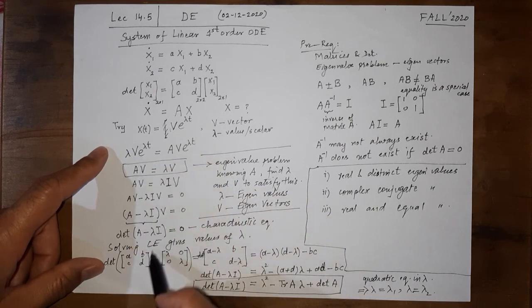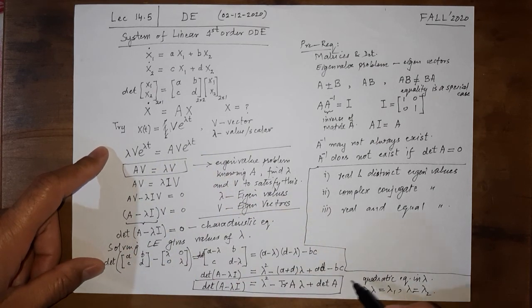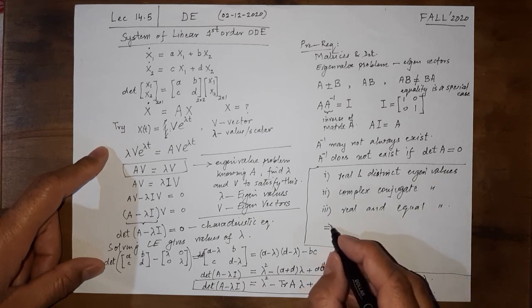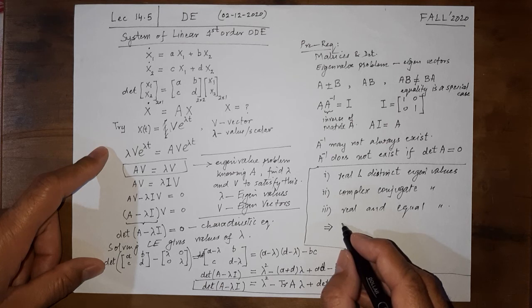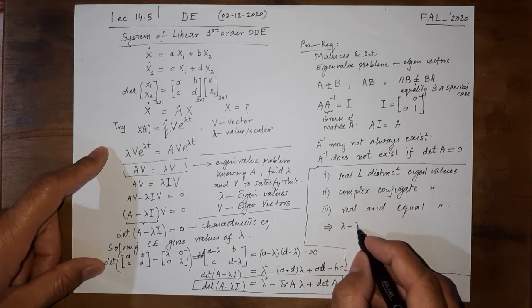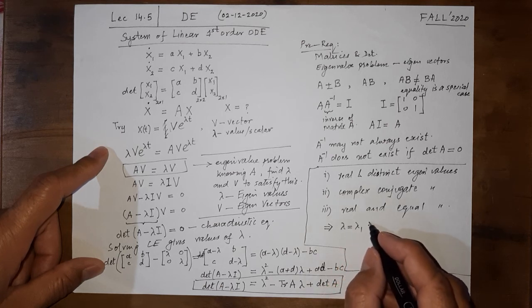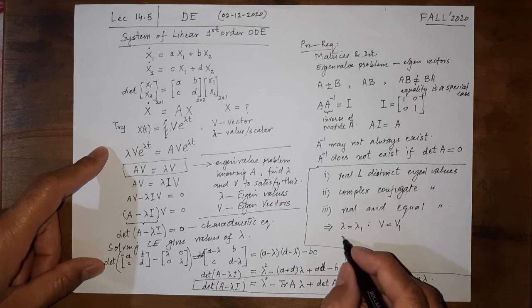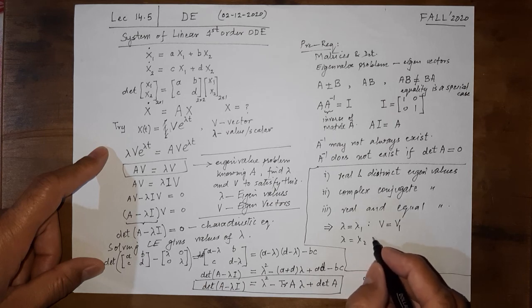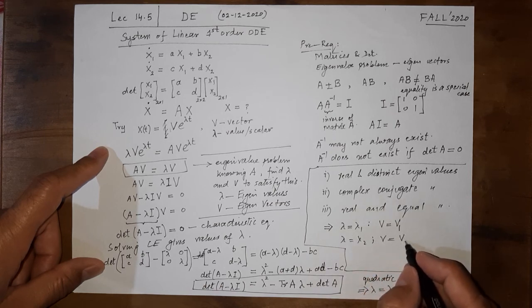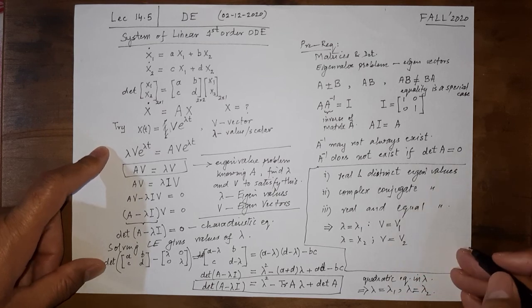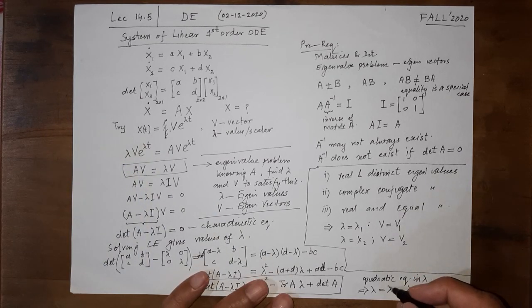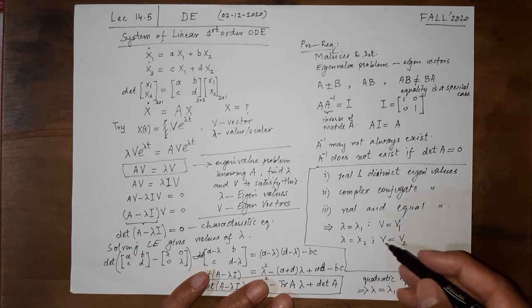However, in this solution we found that lambda is going to have two values. This also implies that we are going to have a vector v1 for lambda 1 and another vector v2 for lambda 2.